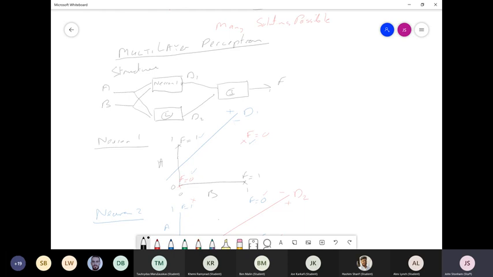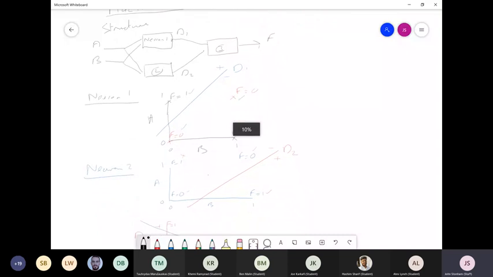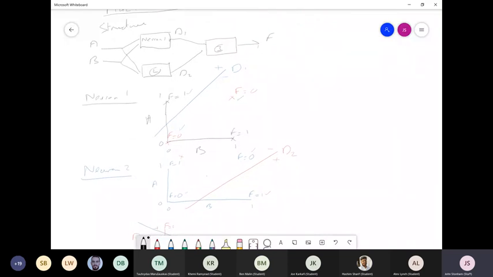So we have inputs A and B. These boxes are complete neurons, so they've got weights inside them, they've got the summer, they've got the bias, and the output threshold. Neuron 1, neuron 2, and neuron 3. Now, because it's the exclusive OR function, I'll draw this again alongside it just to remind you, we can plot it out in two-dimensional space, A and B, and the values in binary are A is 0 and 1, and B is 0 and 1.